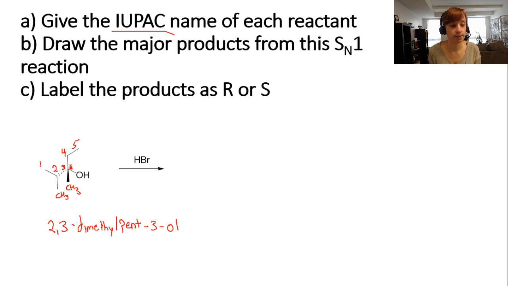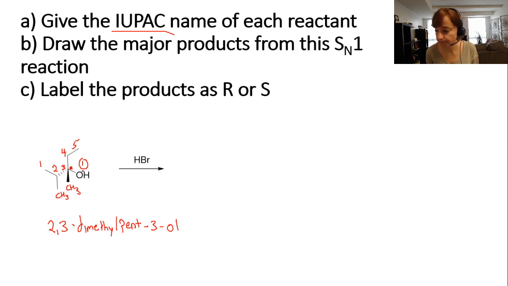Normally it is the group with the highest molecular weight. From this carbon, we go up, that's just a CH2, go down, that's a CH3, that's a CH, and the OH. The OH is of higher molecular weight because the molecular weight of oxygen is 16, whereas carbon is 14. So this is going to be priority group number 1.